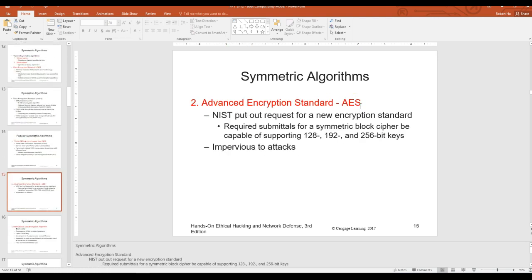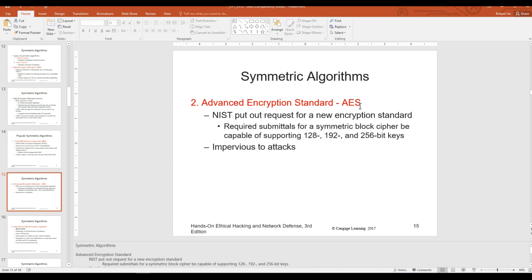The next one is called Advanced Encryption Standard, right? This algorithm is trusted as a standard by the US government and numerous organizations, okay? It is considered impervious to all attacks, with the exception of brute force.